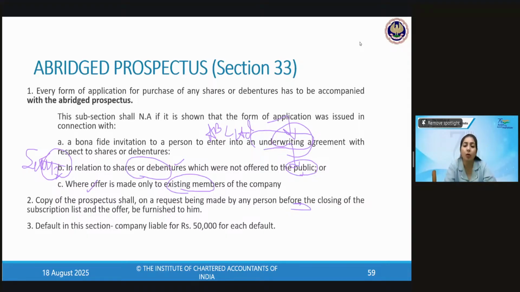If you are asking for the copy of the prospectus after the subscription list has been closed, then it will have no meaning. Is that clear? And if you make a default in this section, then the company will be liable to a fine of rupees 50,000.